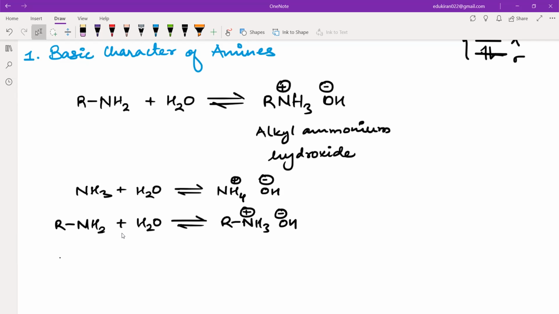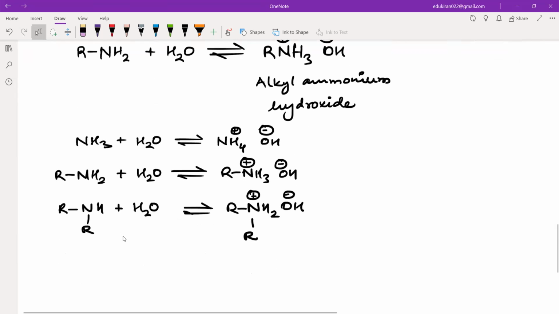You can also have R and R, a secondary amine, plus H2O. It is going to give you R and R with 2 hydrogens, a positive charge, and OH negative.